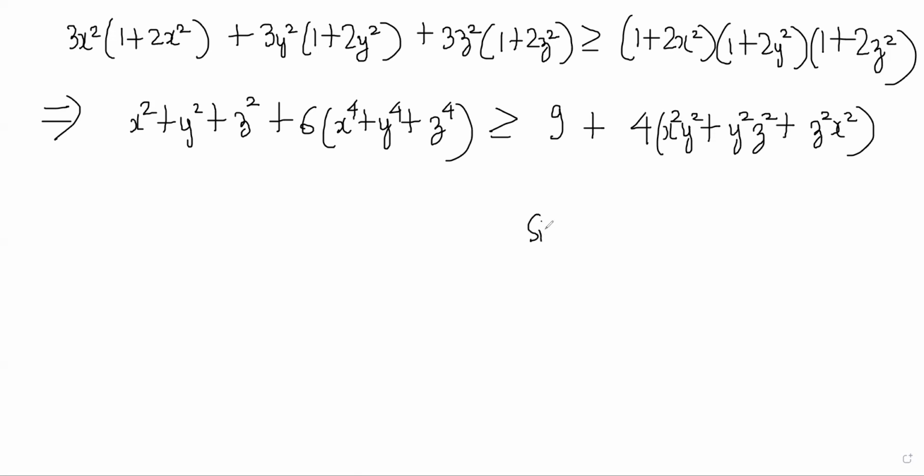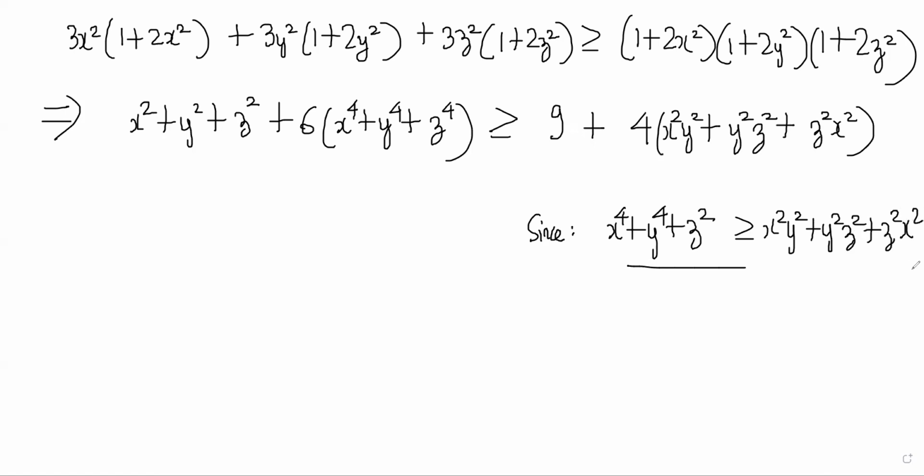And since we know that x power 4 plus y power 4 plus z power 4 is greater than or equal to x square y square plus y square z square plus z square x square. How do we know this?